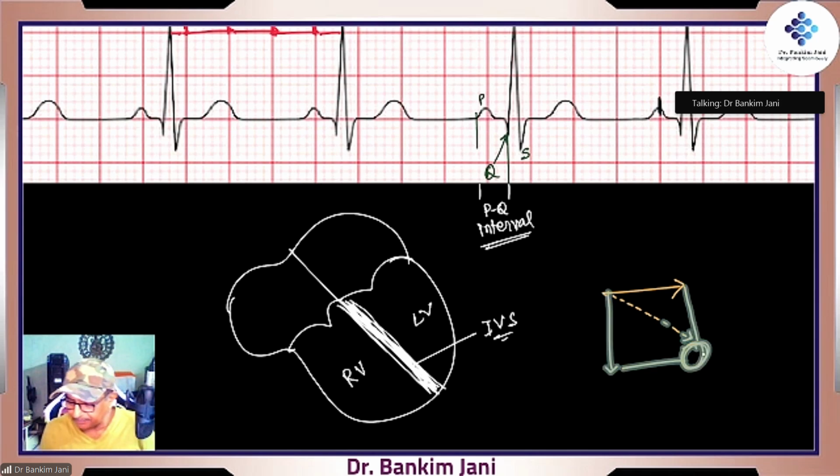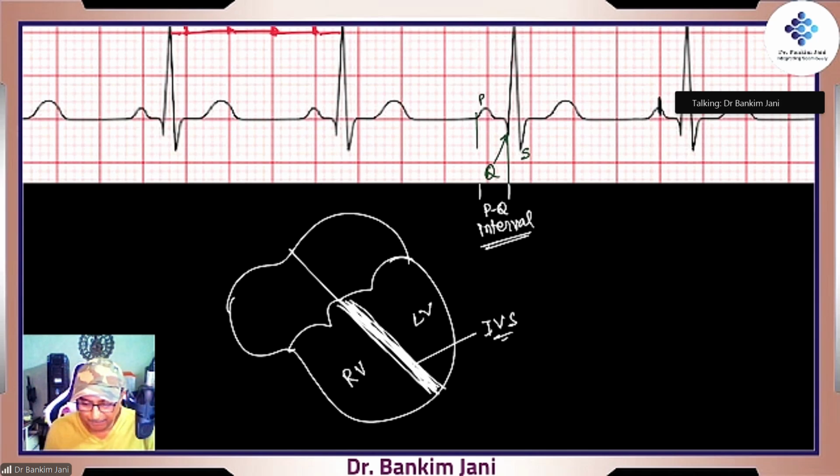Over here, what's happening is that more current is over here. The direction for some time goes like this, and then it goes to the left ventricle and the right ventricle. So when it is passing through the interventricular septum, though the current is passing, this is on a fast track and this is on a slow track. That's why the resultant current is as if it is going back.